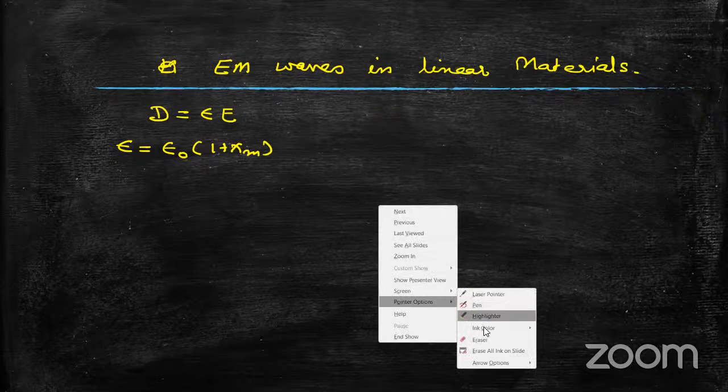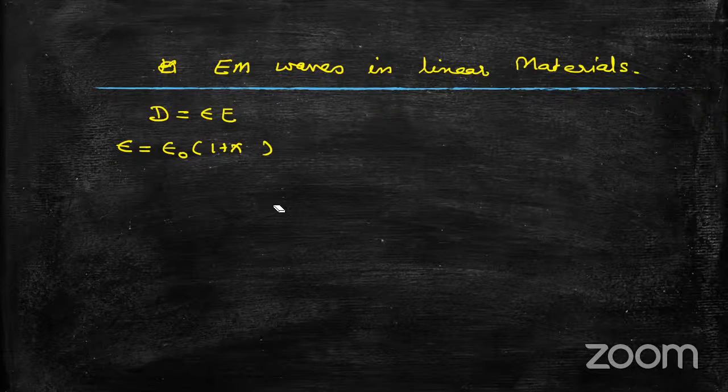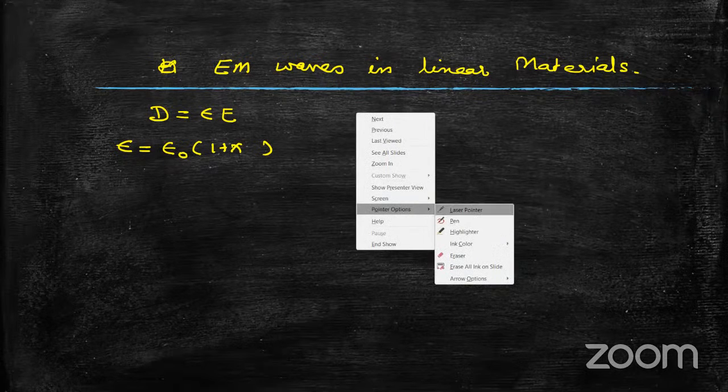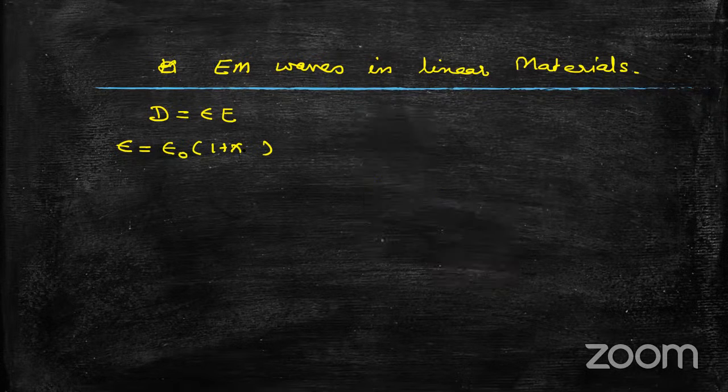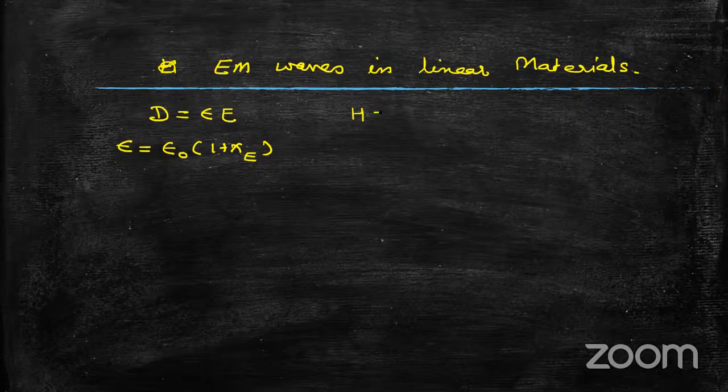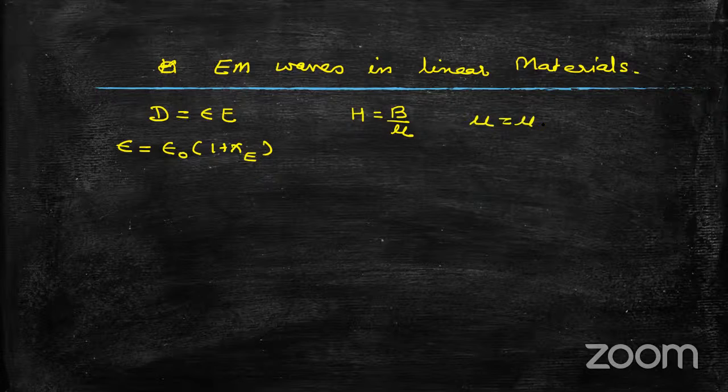And H is related to B, where mu is also written in the same way. Mu is equal to mu 0 times 1 plus chi m, right?